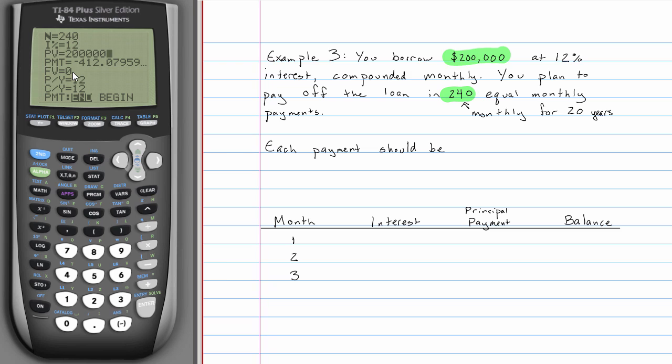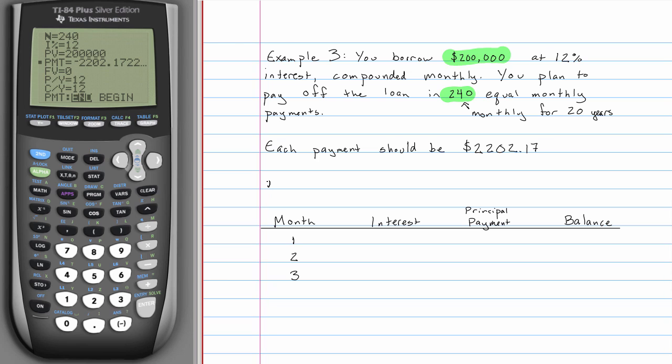We've paid off the whole loan. Payments per year and compounds per year are still 12. And now we say alpha and enter to solve for the monthly payment, which should be $2,202.17.